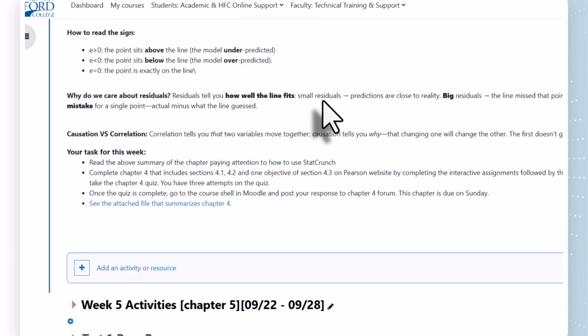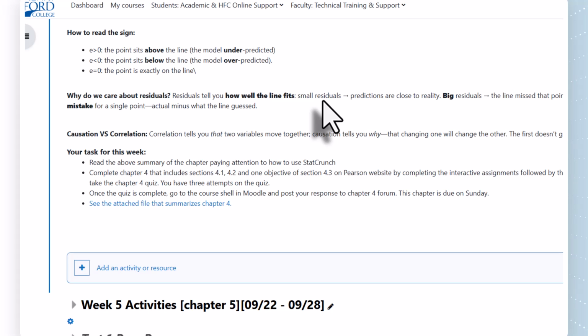Correlation versus causation. You have to understand one thing. If two variables are related, it does not mean that one causes the other. I'm going to give you an example. There is a strong relationship between smoking tobacco and lung cancer. There is an association between the two.